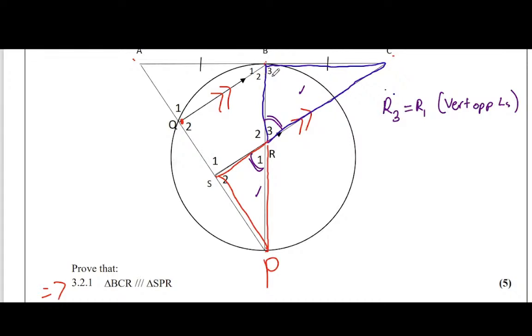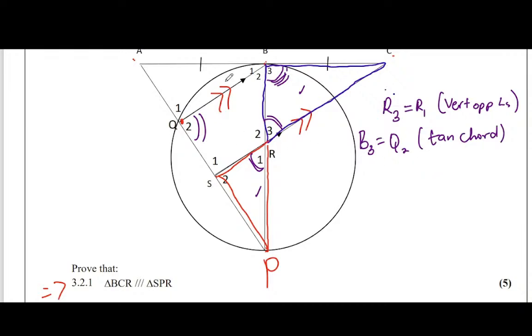We can see that B3 is going to be the same as Q2, and the reason is the tangent-chord theorem.